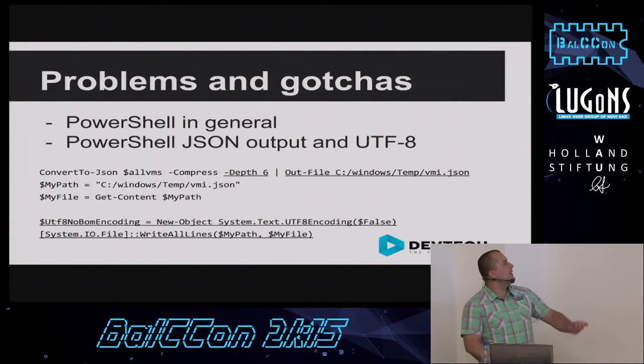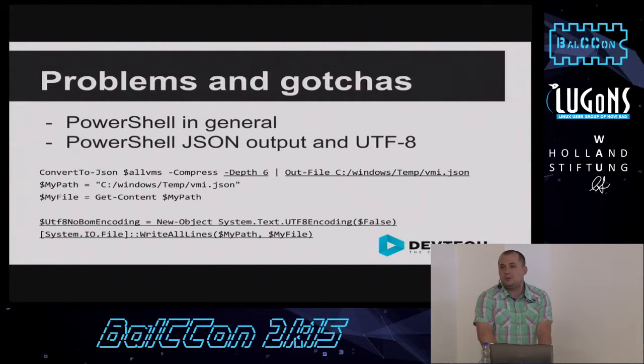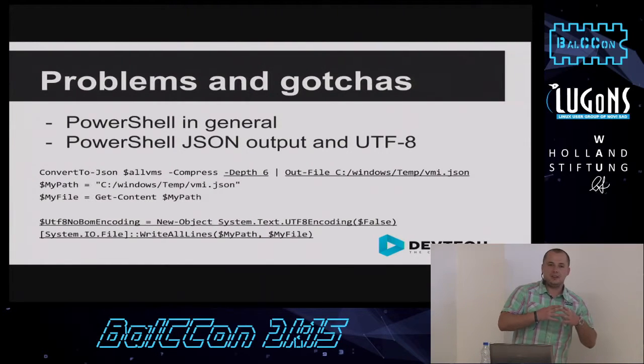So with the help of good people from Stack Overflow, I managed to get over this. And as you may notice, all of these underlined words or sentences had to be implemented just to create a regular JSON file. I don't know why, don't ask me, I don't want to touch PowerShell anymore.